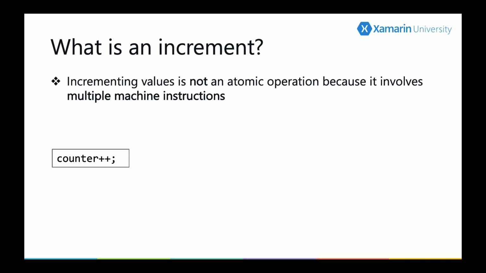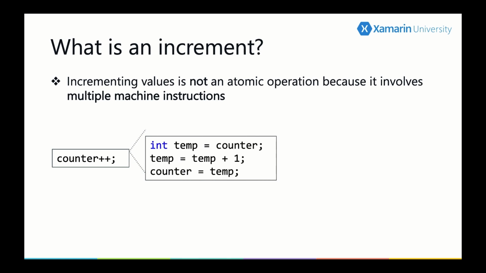Let's analyze that. It all comes down to atomic statements. Atomic statements are only possible if no interruption can happen. If we look at the counter++ operation, however, we will find that this is really just a shortcut for assigning our counter to a temp variable, then adding 1 to that temp variable, and assigning it back to our counter.